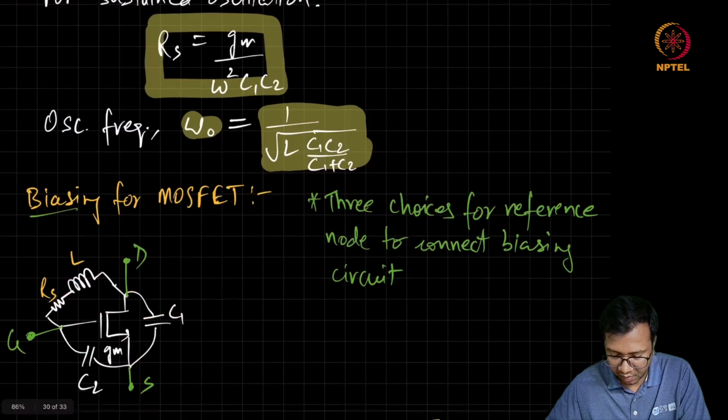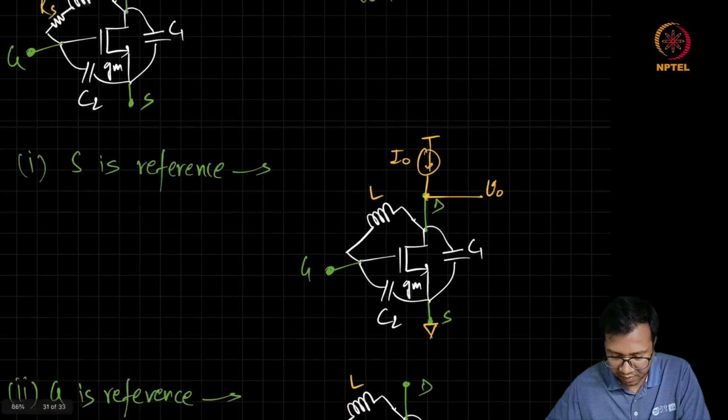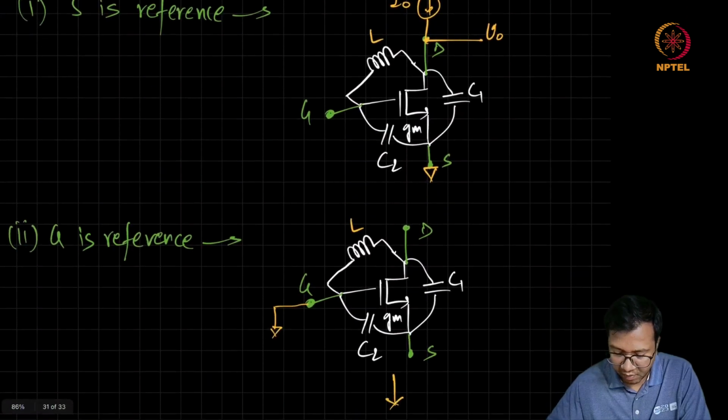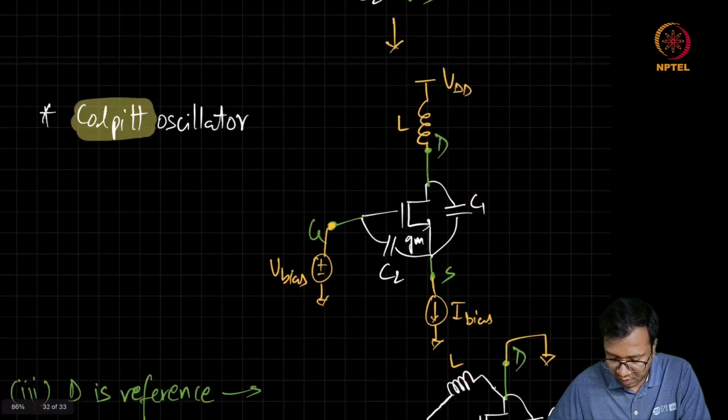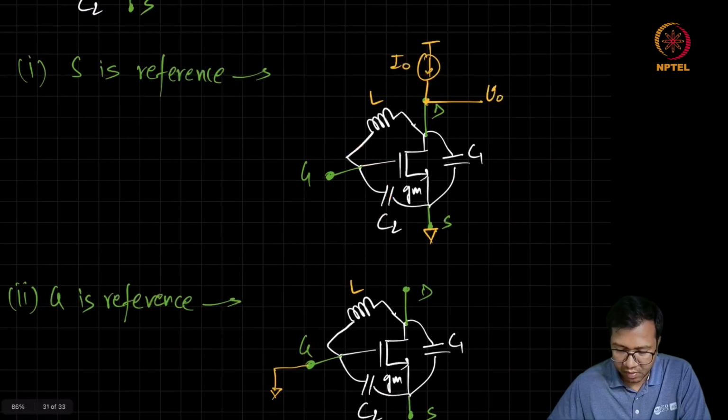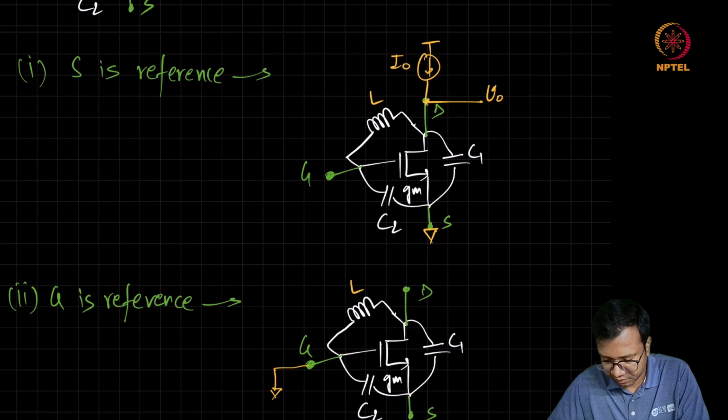And also you will see that in all these topologies, whichever way we take the output and do the biasing, the output is always going to be single-ended. In many applications we need a differential output, and there are ways to obtain differential output using these 3-point oscillators by using one more replica of this oscillator and coupling the two circuits appropriately.